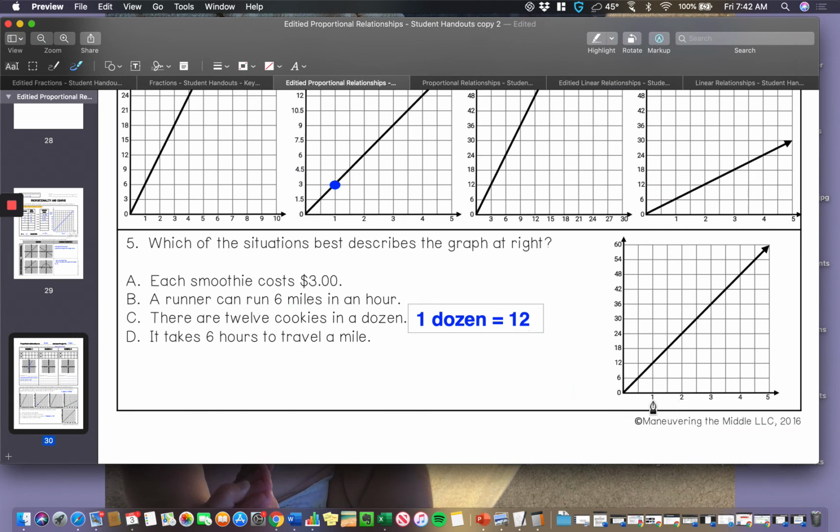So a 1 dozen would be equal to 12 cookies. 2 dozen would be equal to 24 cookies. Or D, it takes 6 hours to travel a mile. 6 hours, 1 mile.